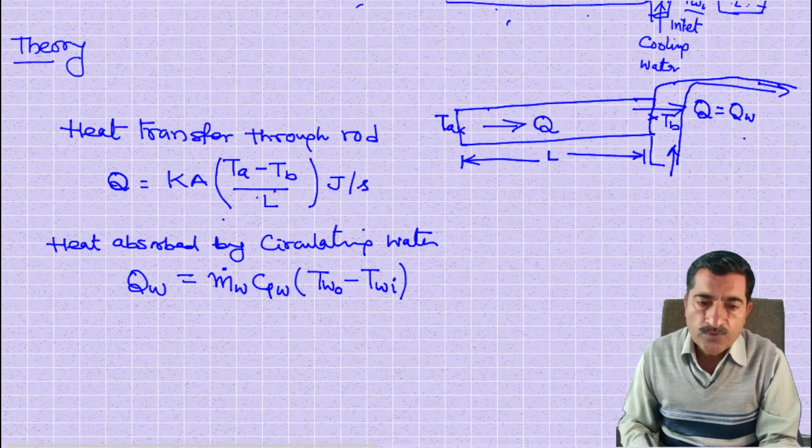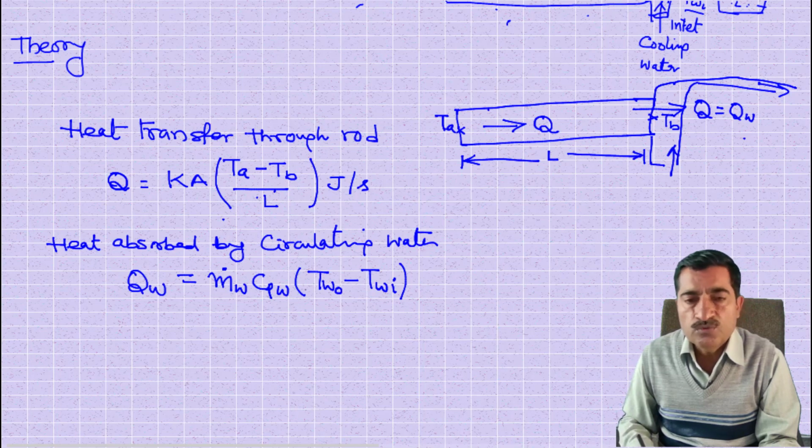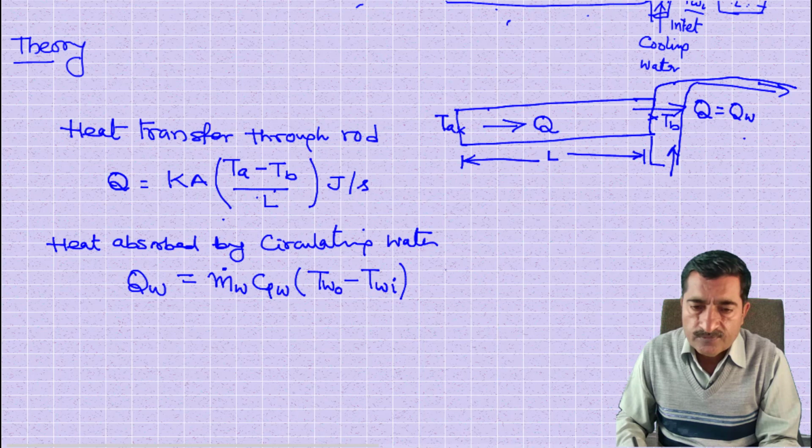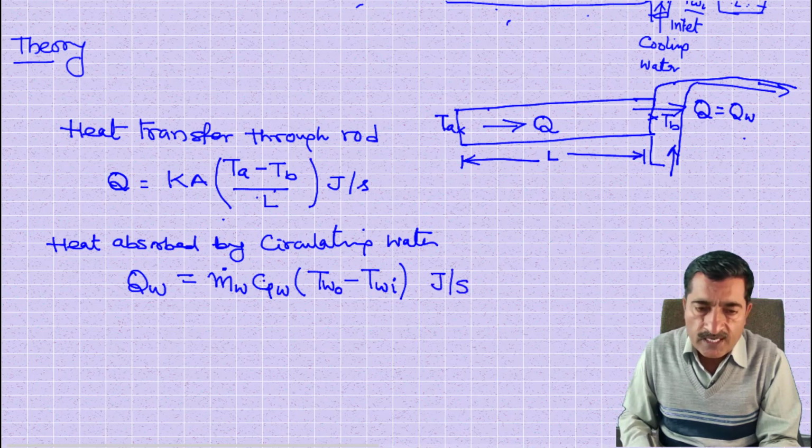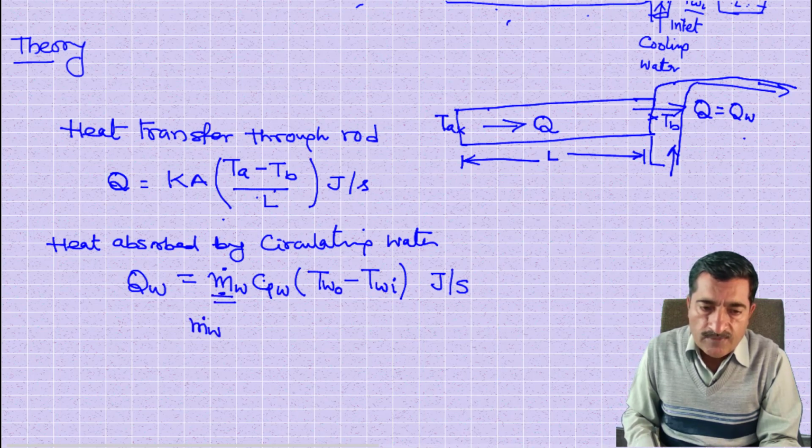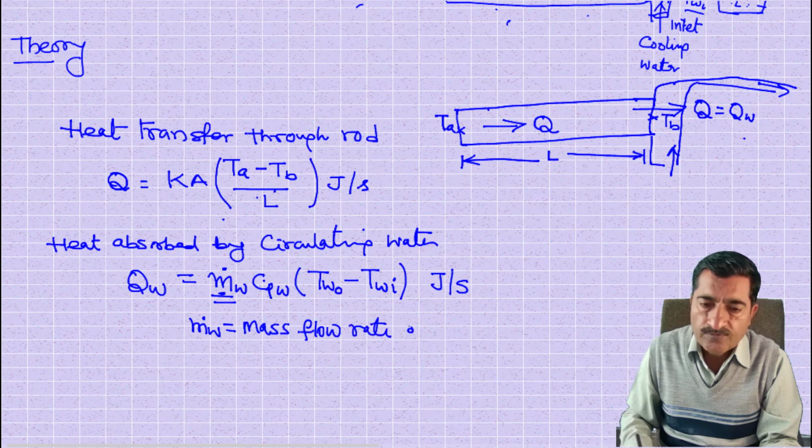So QW equals MW into CPW into the temperature difference, joule per second, where MW is the mass flow rate of cooling water.